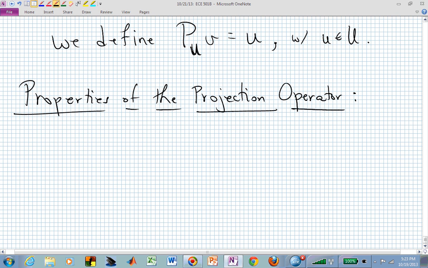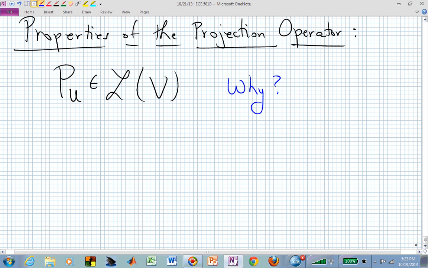Remember that an operator maps from the original vector space back into itself. It should be clear that P sub U is a linear operator on V, and in particular it keeps everything in the subspace U. Here are some of the properties.